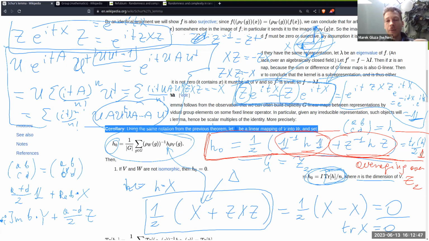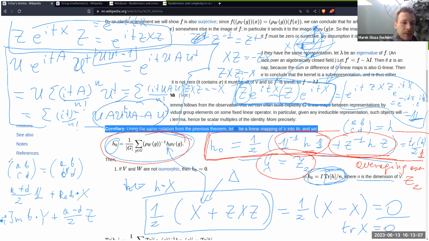What I wrote down here is really my best effort to simplify this difficult formula here as much as I can. And we took the simplest group representation that we can have, which is identity and Pauli Z. Okay. So now if you apply this to any matrix, you get something.